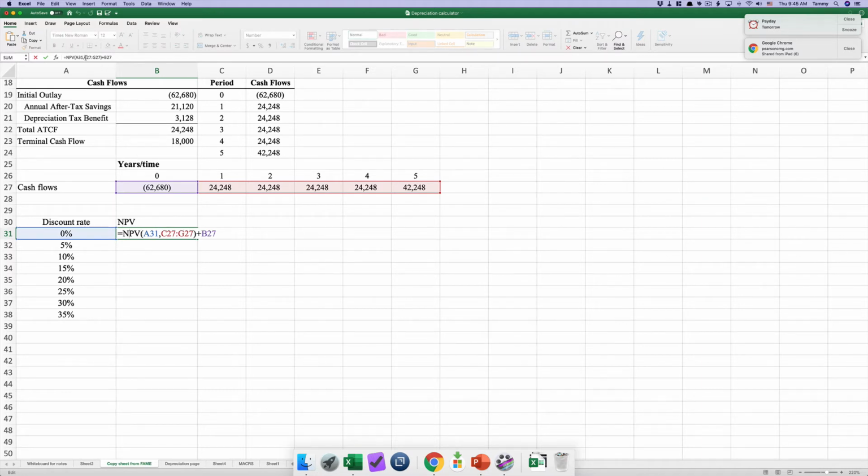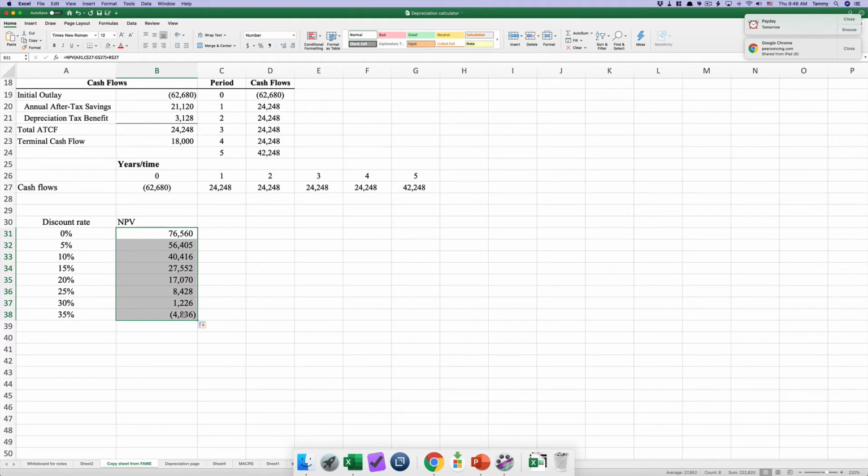So all we would need to do here is make absolute values for the line number, not the column number. So you stick that dollar sign in front of the line indication in the cell reference, as well as for the initial outlay. And with that, then we should be able to just drag all these down thusly.